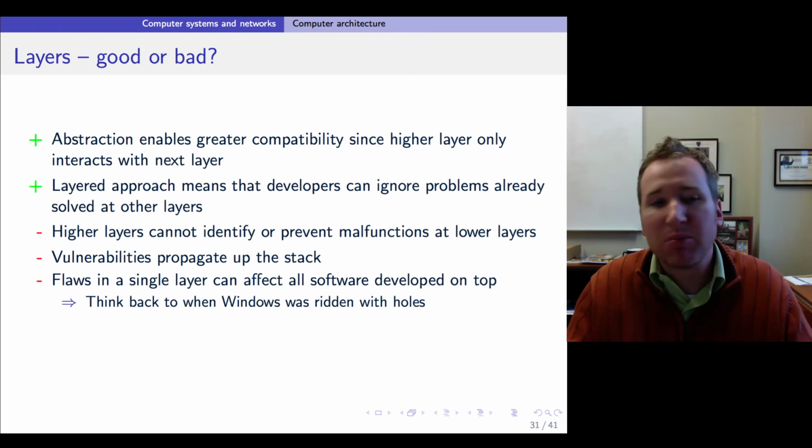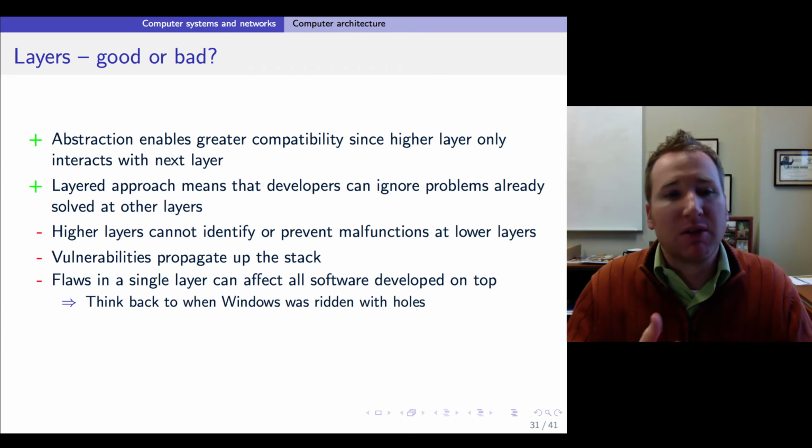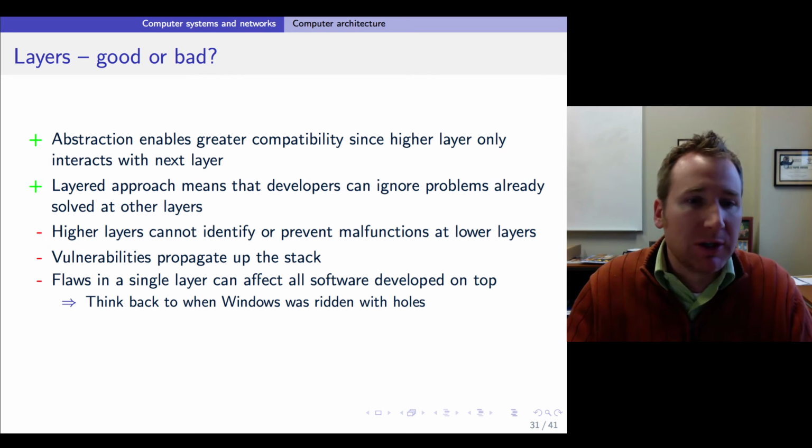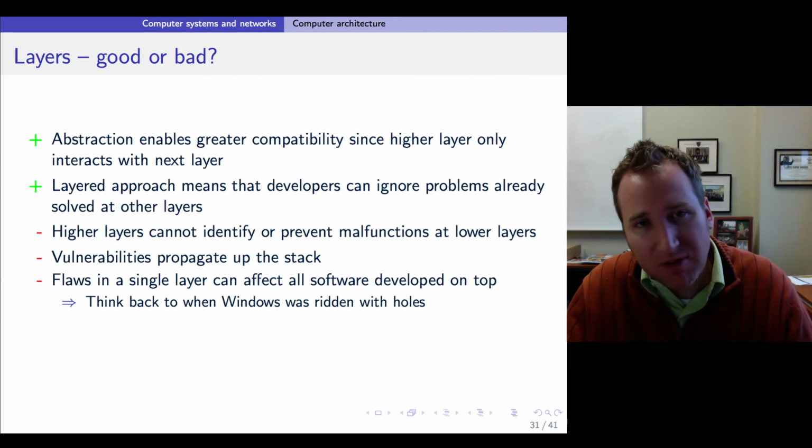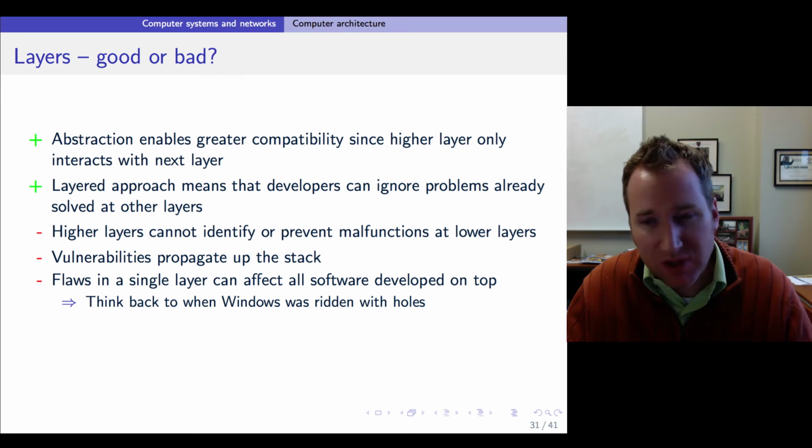You can just assume that problem has been solved. So that's very powerful. But on the downside, these higher layers can't identify or prevent malfunctions at the lower layers. So if you have a security problem in a lower layer, it can actually percolate through the stack.